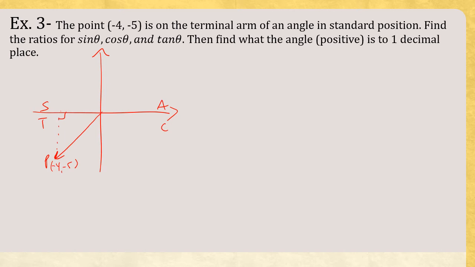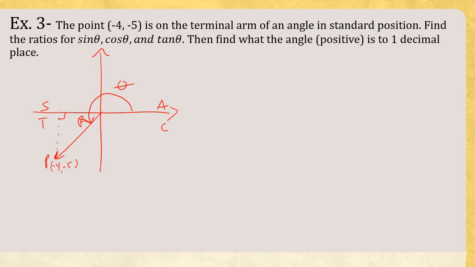Now our angle, theta, in standard position goes from the initial arm all the way around to the terminal arm. So that's theta, that's what we're looking for. And that angle equals the related acute angle. So we'll call that beta here. For now, let's label our sides.